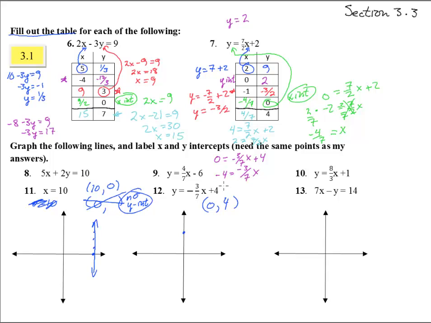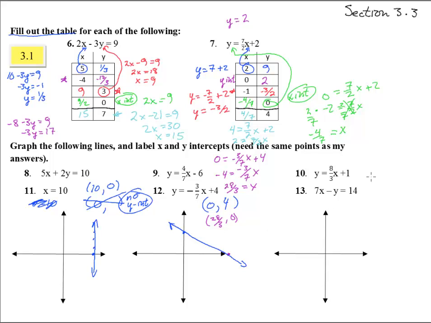Times by 7 and divide by a negative 3, and we get positive 28/3. So we get 28/3, 0. So that's clear over here, like 10 or so. Well, almost 10. So our line looks a little bit like that.